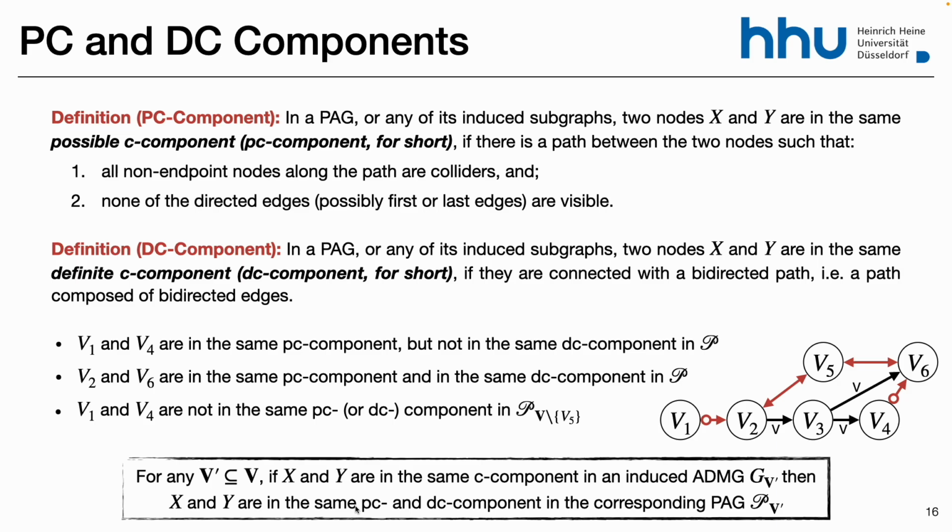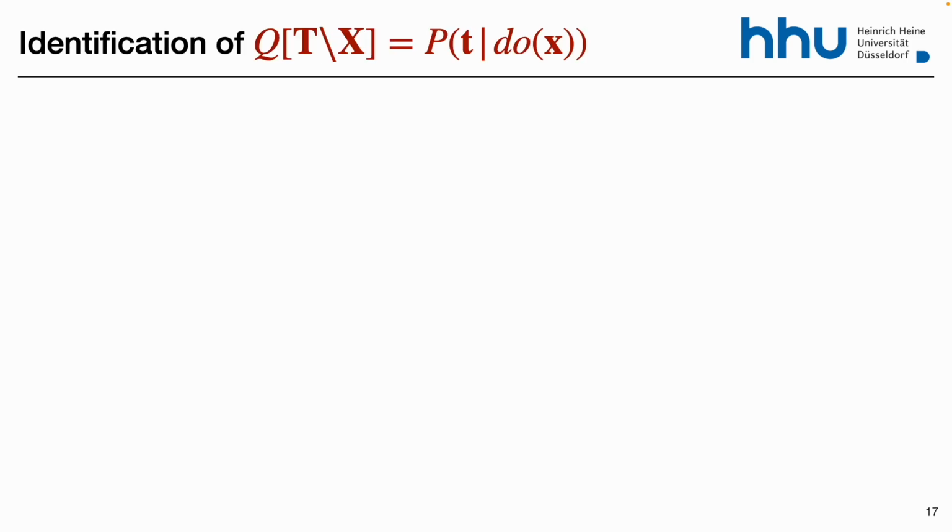But the other way around, I don't know why it was written, I have to check this, but having the information in the graph is weaker than getting it in the PEG. But the fact is that if there is a C component in any graph of the class, then it's going to appear as at least a PC component in the PEG. Sorry, I think that's the other way around.